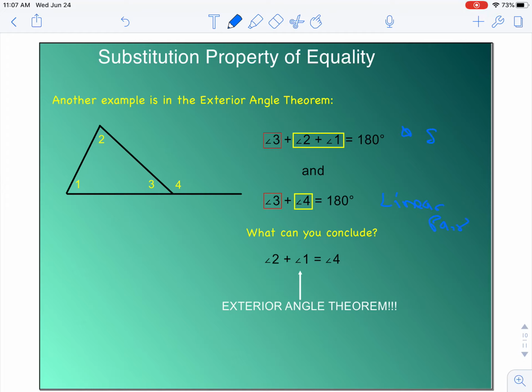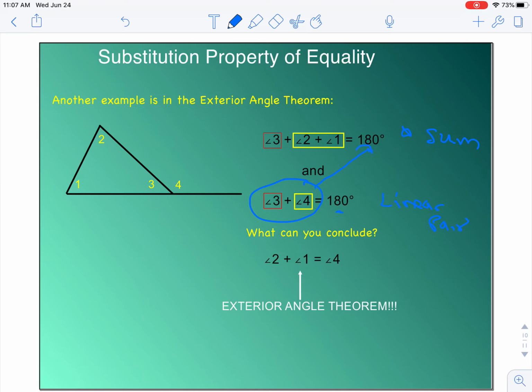These are both 180 degrees, so we can substitute what 180 is equal to in for 180.